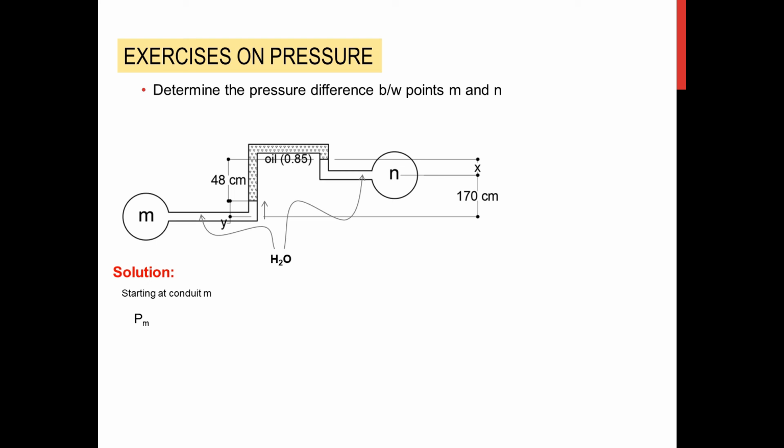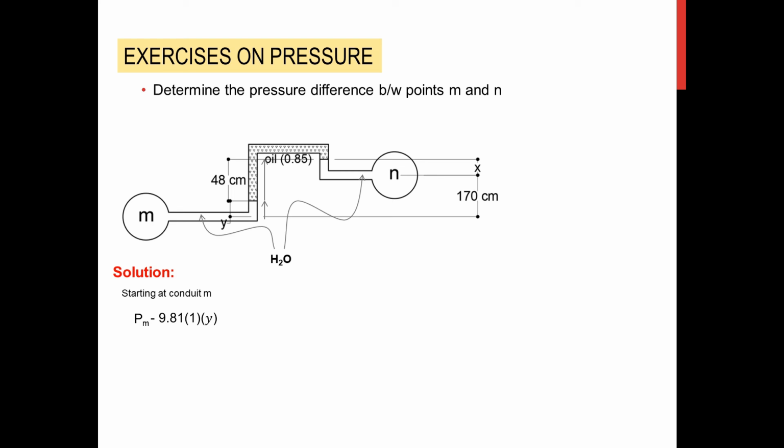Then we go up gamma H, and our H here, or the head, is Y. So we go up, that is denoted by negative. The involved liquid here is water, so 9.81 times 1.